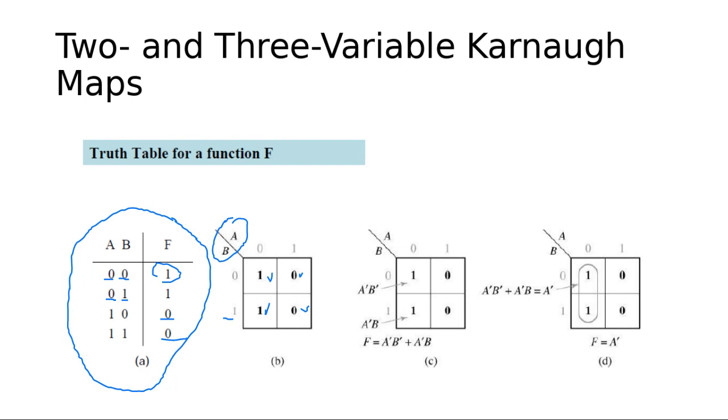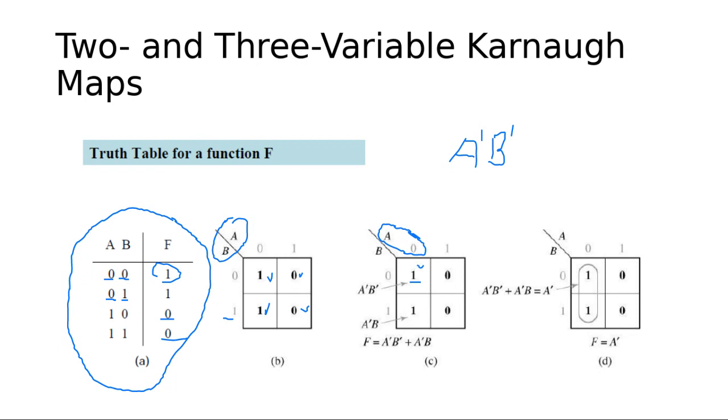So this one is A is 0, B is 0. When the value of the inputs is 0, it means not A and not B, because B is also 0 in here.